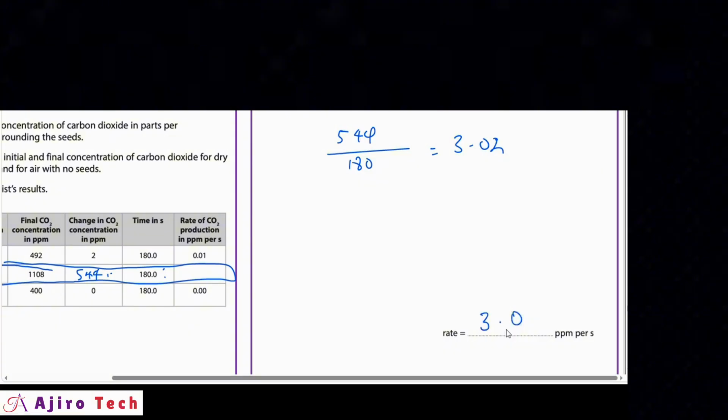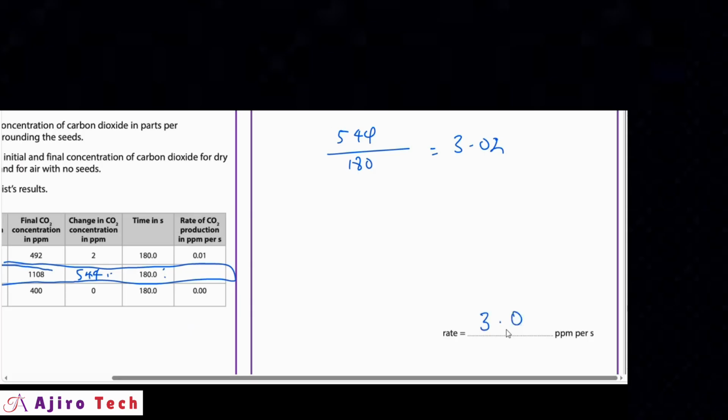Looking at this table, you will see that the respiring seeds have the highest concentration of carbon dioxide. So it's part of the result. Let's do the results first before we comment about the method the scientists used.